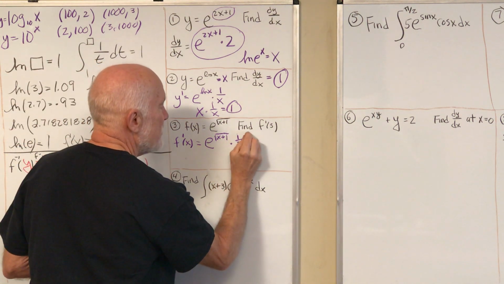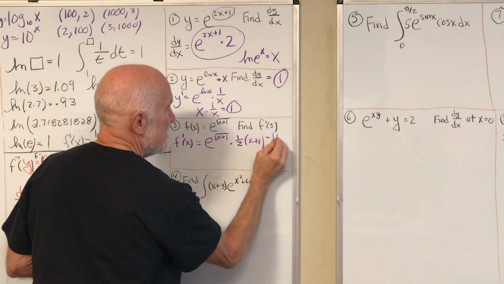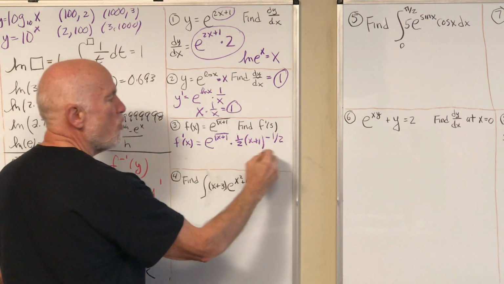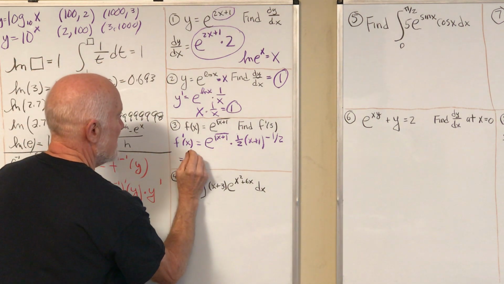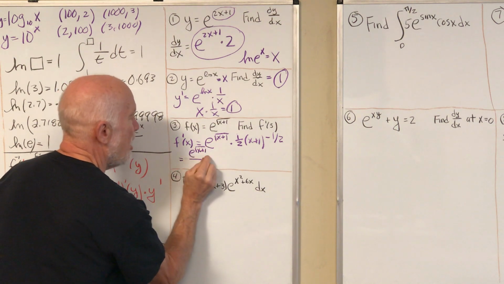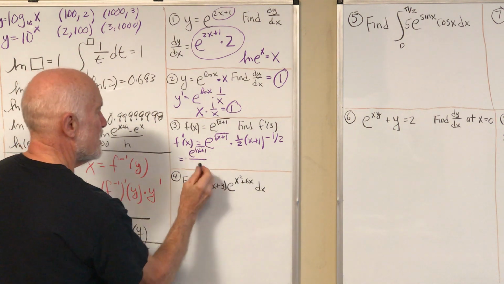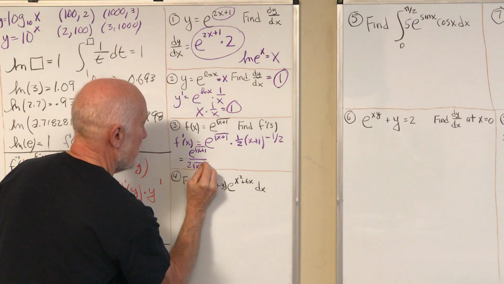So it's 1/2 times x plus 1 to the negative 1/2. And then times 1 if you want to finish the chain rule. So altogether, it's e to the square root of x plus 1 all over 2 times the square root of x plus 1.